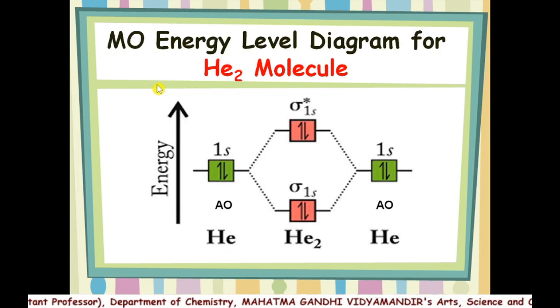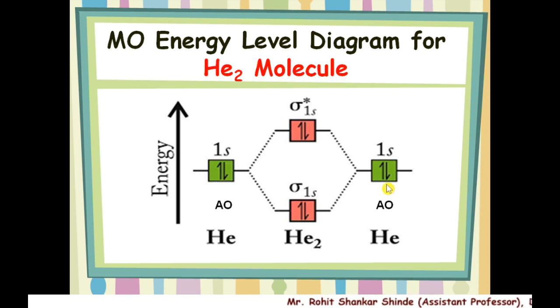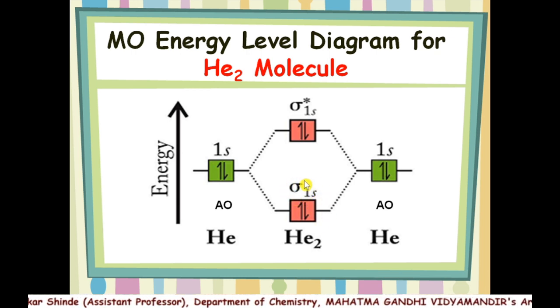Now let us see the molecular orbital energy level diagram for the He2 molecule. The He2 molecule contains 2 helium atoms and 4 electrons, out of which the first helium atom possesses 2 electrons, and the second helium atom also possesses 2 electrons. So 2 atomic orbitals combine and form one bonding, that is sigma 1s, and one anti-bonding, that is sigma star 1s.